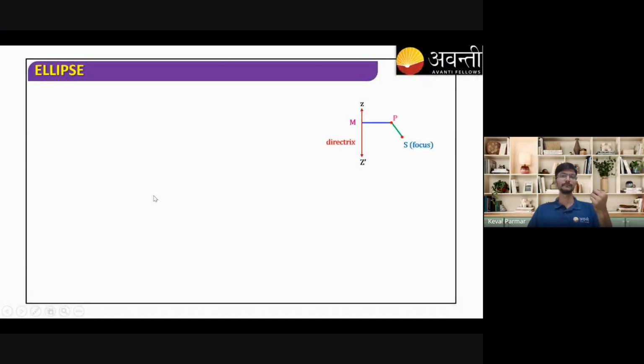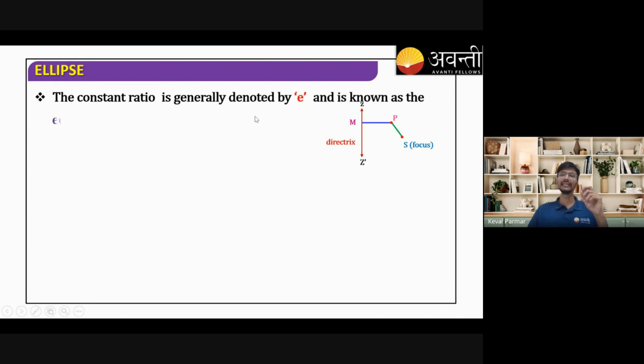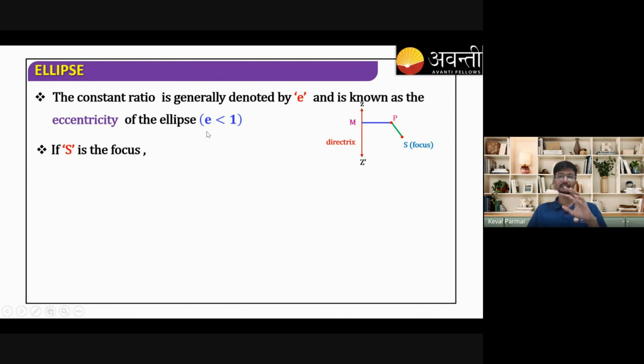So this is the same diagram as you can see. The constant ratio is generally denoted by E and is known as eccentricity. We have discussed in previous lectures that the eccentricity of an ellipse is less than 1, while the eccentricity of a parabola is equal to 1.